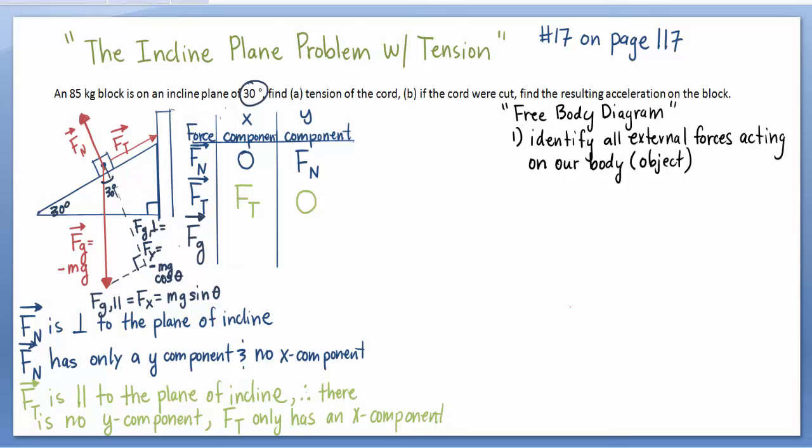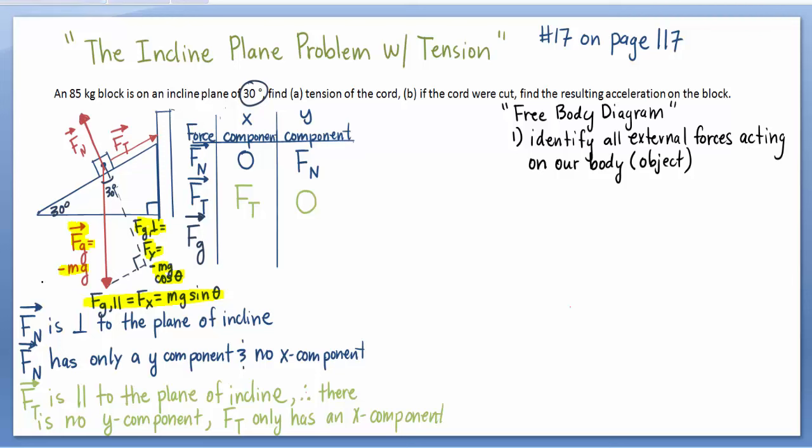I ran out of space because of that. But let me see if I can highlight this. So this is the important piece of breaking down your gravitational force components.